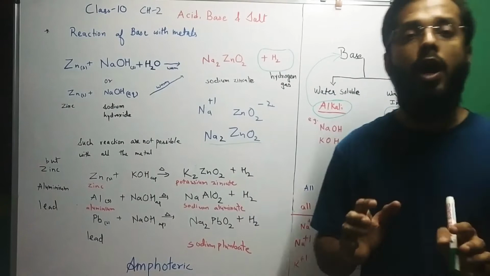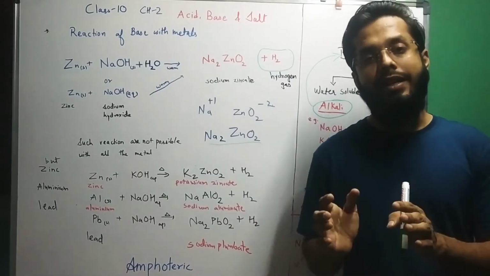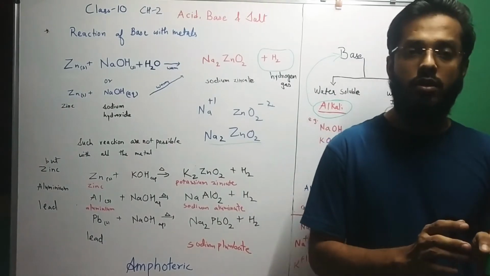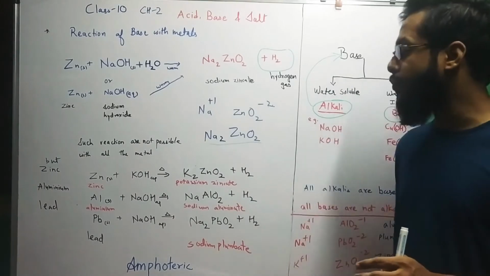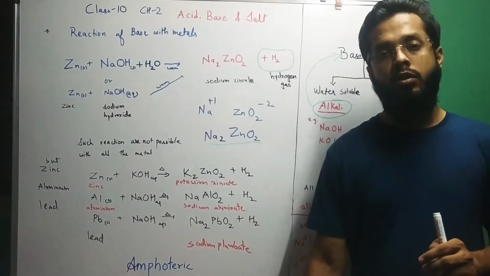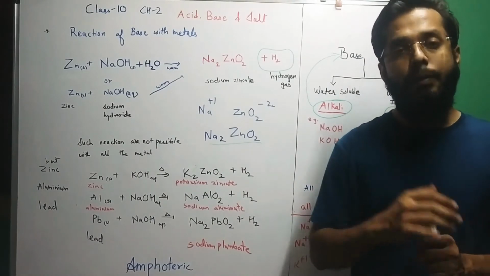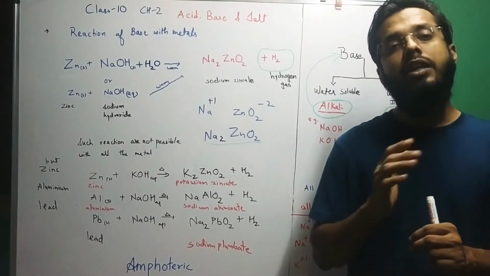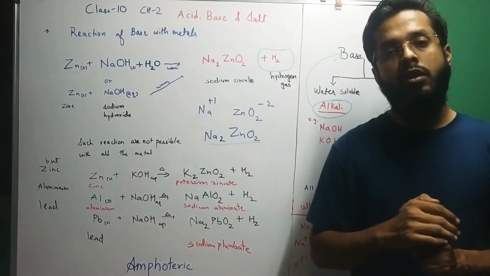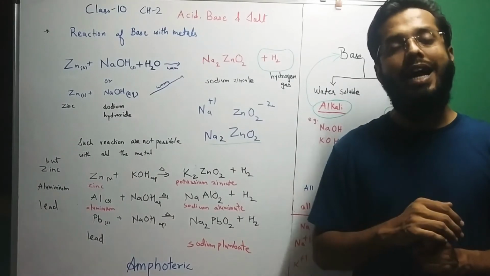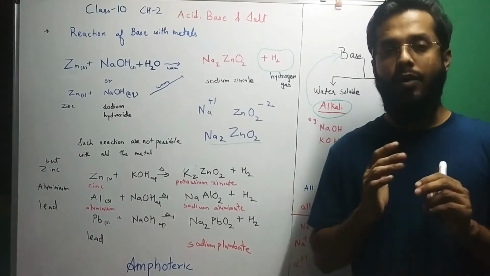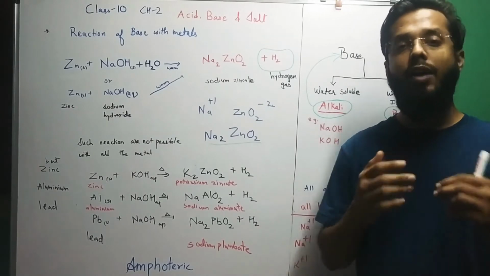Those compounds which react with acid as well as with base are known as amphoteric compounds. I repeat, those elements which react with base as well as with acid are known as amphoteric compounds or amphoteric substances.